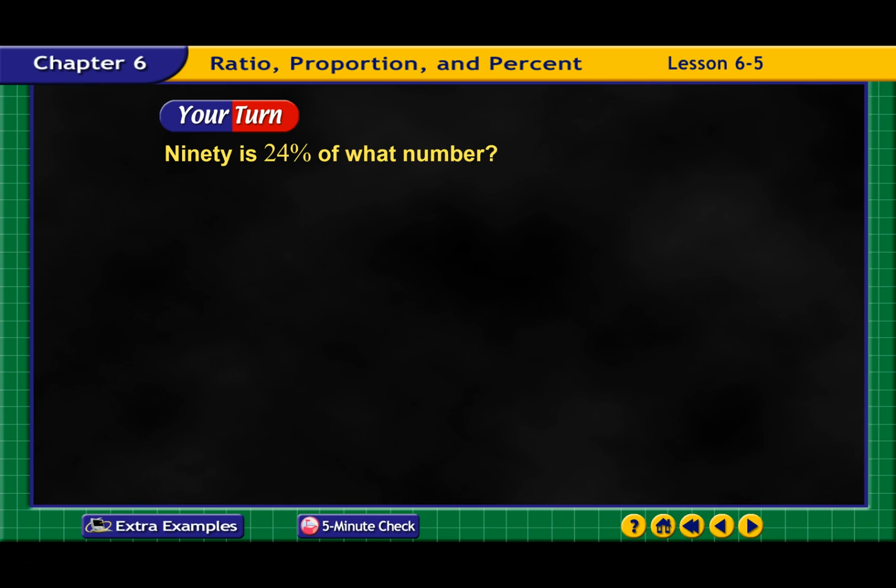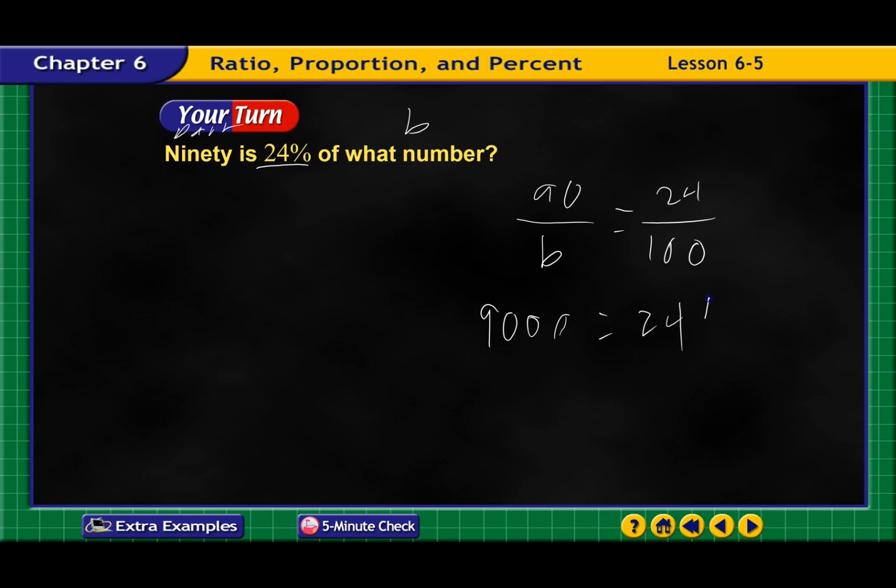All right, 90 is 24% of what number? Go. All right, so 24 is my percent. Base is here, part is here. So I put 90 over whatever number, we don't know, base equals 24 over 100. We cross products. 9,000 equals 24b.